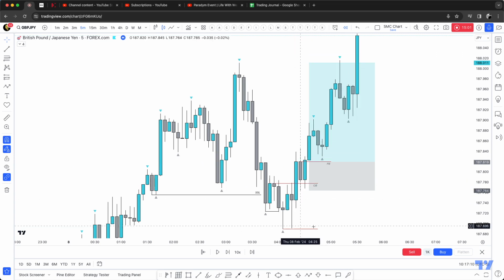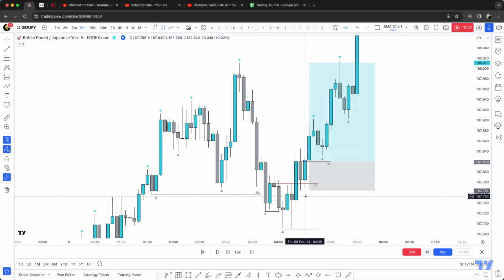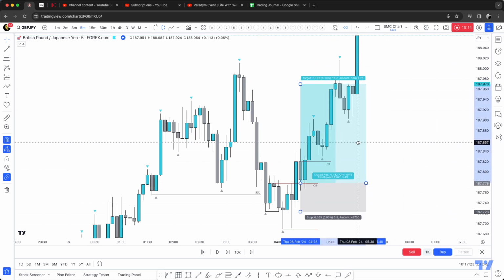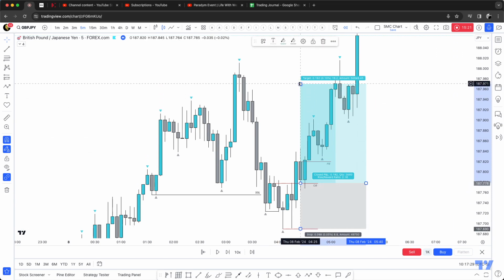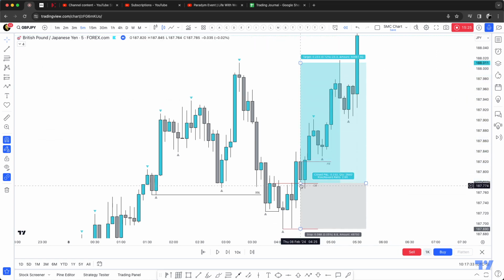So this brings up the question, which of these two would I take? Well, you're going to have to figure that out for yourself. Okay? Probably, if you don't feel confident enough, you enter on the first order block risking very little, risking, let's say, 0.50% of your account in this trade.